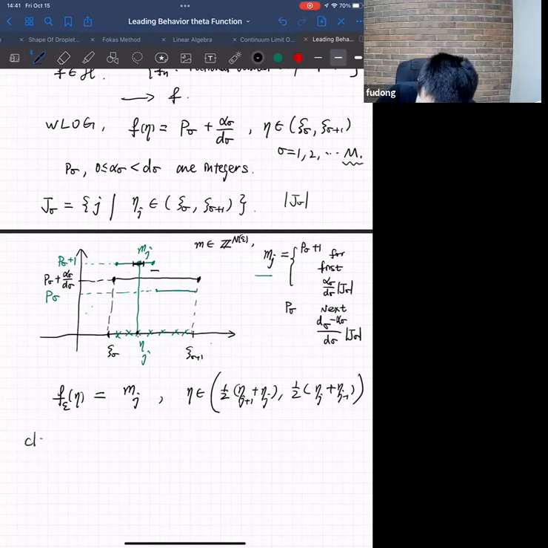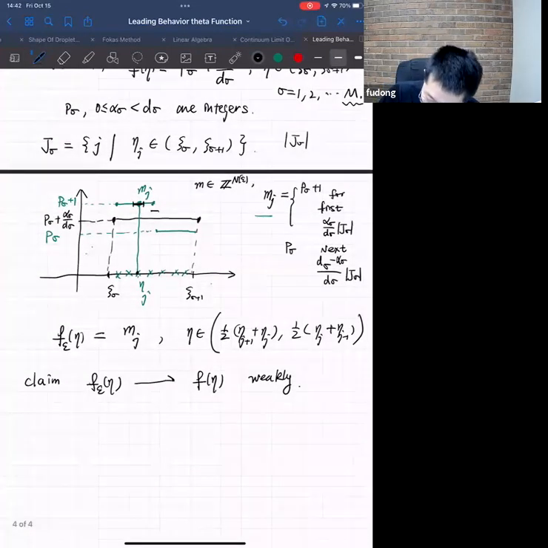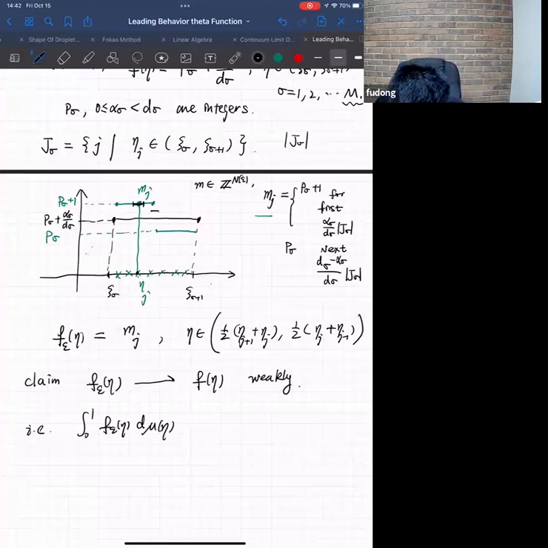Now claim: f epsilon eta will converge to f eta weakly, i.e., the integral of f epsilon eta d mu converges, where epsilon goes to 0, of course.